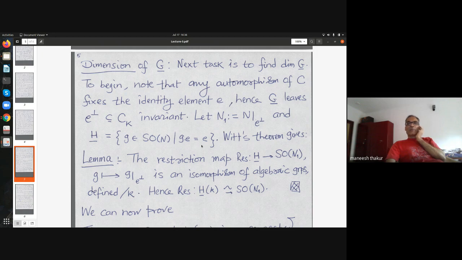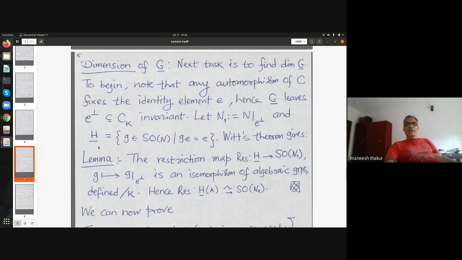Remember I made this remark that not every element which fixes the identity element and leaves N invariant is an automorphism. That's not true, because X goes to X bar satisfies that, and X bar is not an automorphism. So this group is larger than what we are talking about.